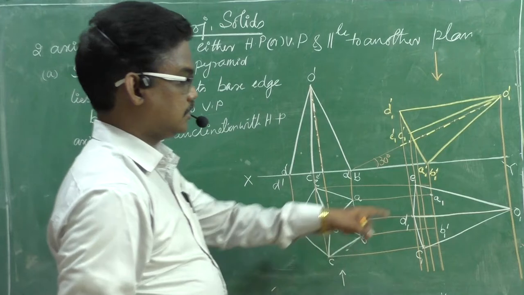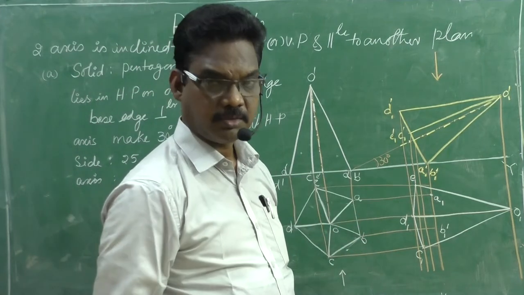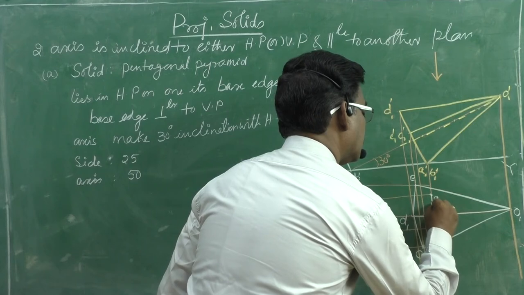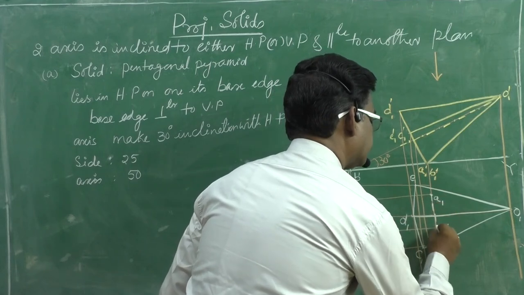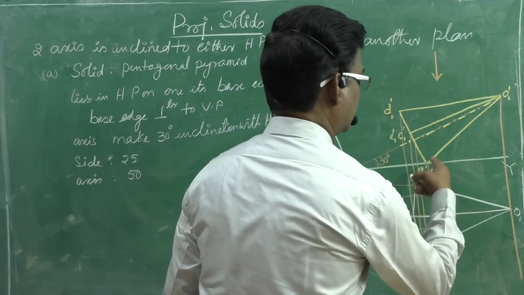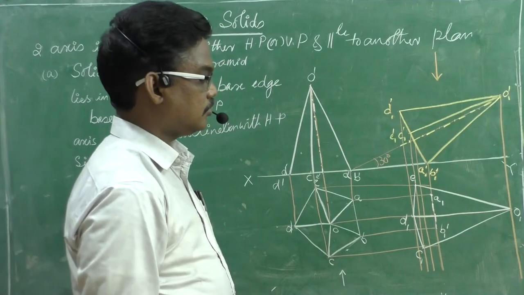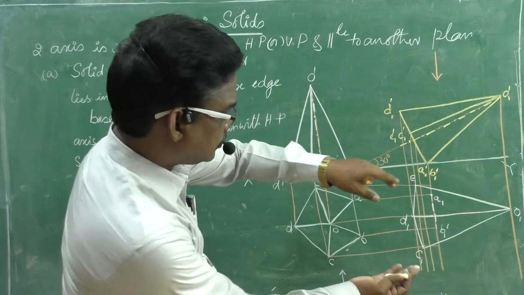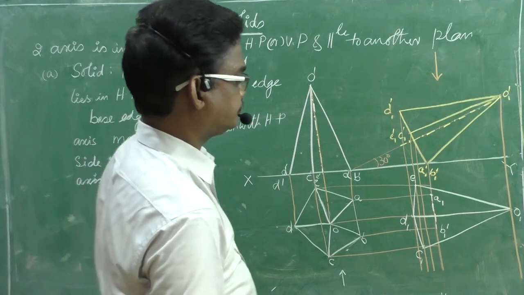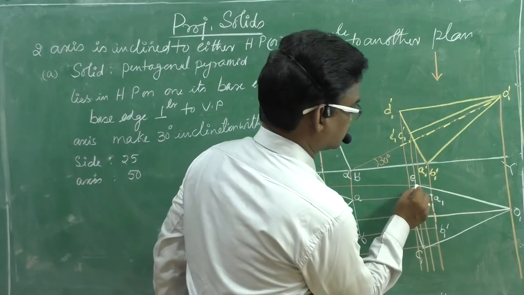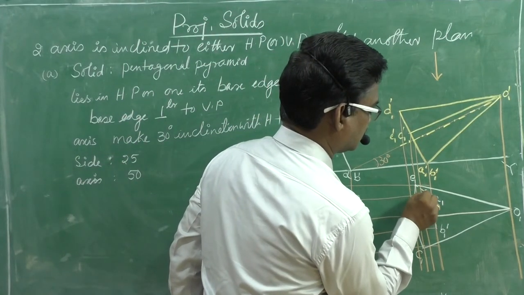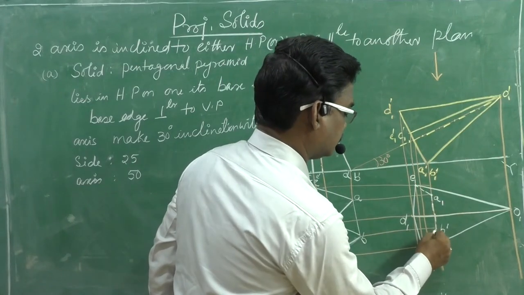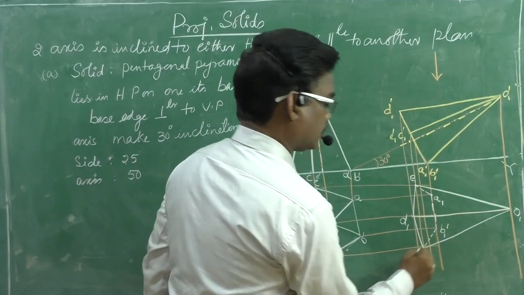Next one, is AB visible? AB is not visible, therefore we need to give the dotted line here because it is in the horizontal plane. What about AE? AE is also below the edge, therefore this is invisible. What about BC? BC also invisible, right?